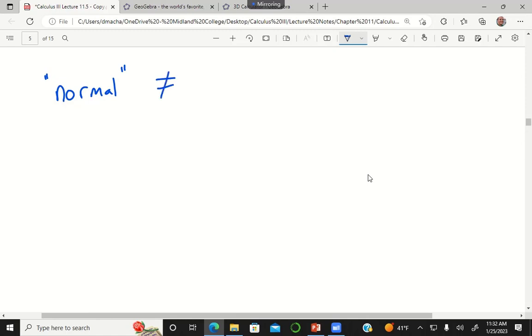But this is not the same thing as normalized, because normalized means it's a unit vector. You can have a unit normal vector, which you could call a normalized normal vector. But just saying the word normal vector does not imply that it's normalized.